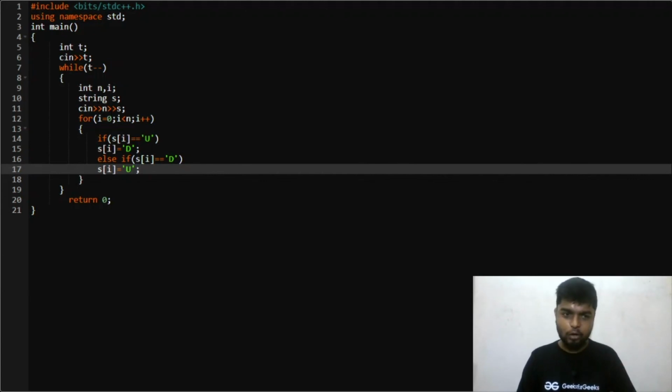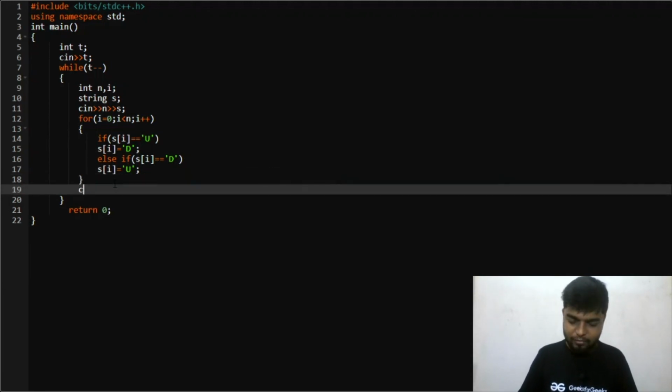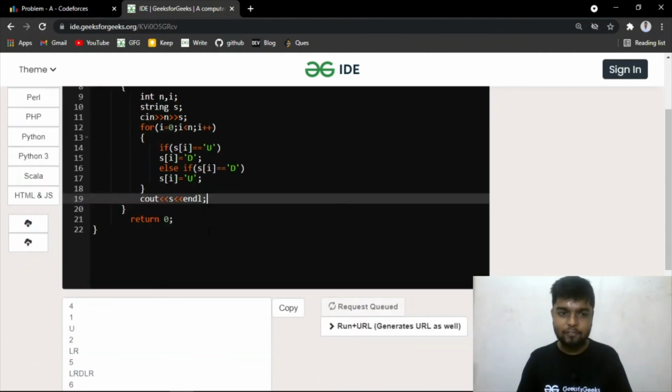So we'll not change it. We'll simply print our final string. We notice that we did not need to take any other string for this question, because we can change the original string. I have copied the test cases, and let's see if they run or not.